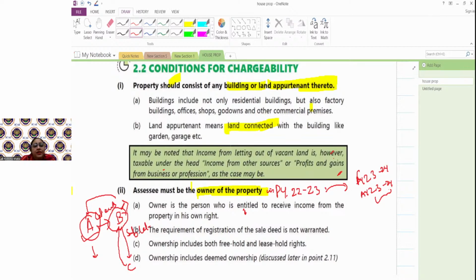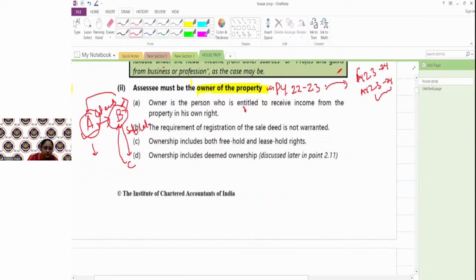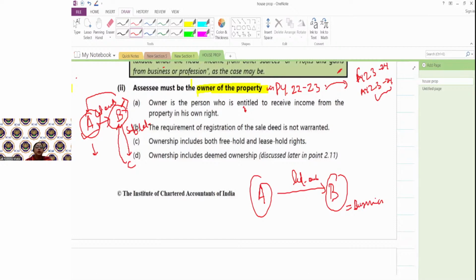Okay. Next question, it is extremely important that you might be having is, कि ma'am A ने B को वो property let out किया and B is using it for the purpose of business. As in, मेरा एक shop था, अब now shop qualifies to be your house property.